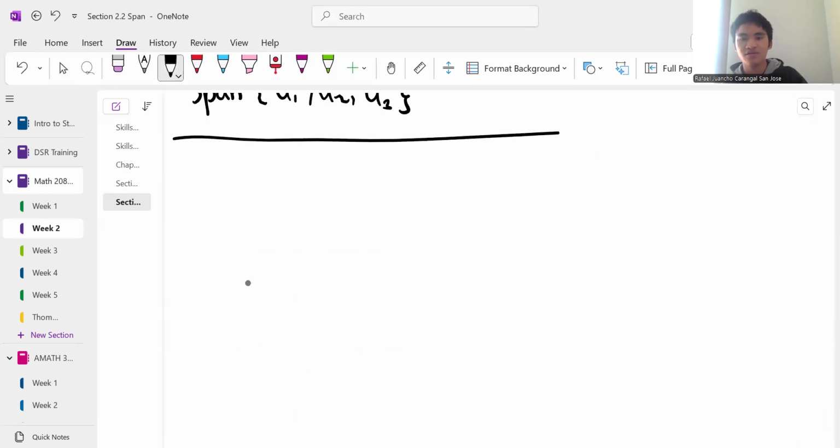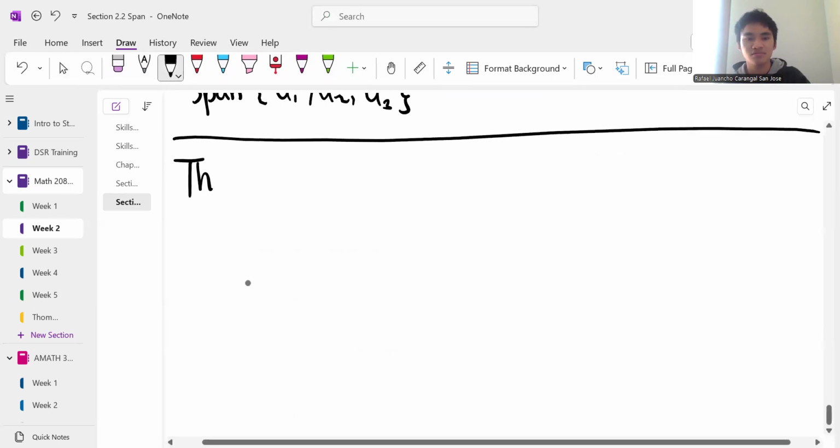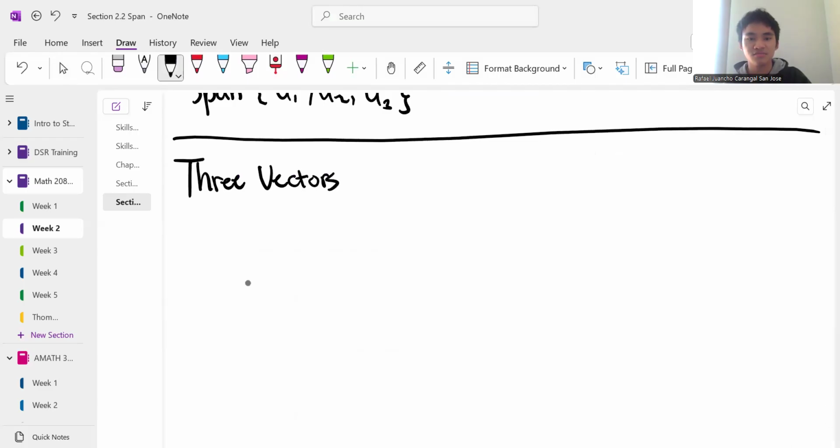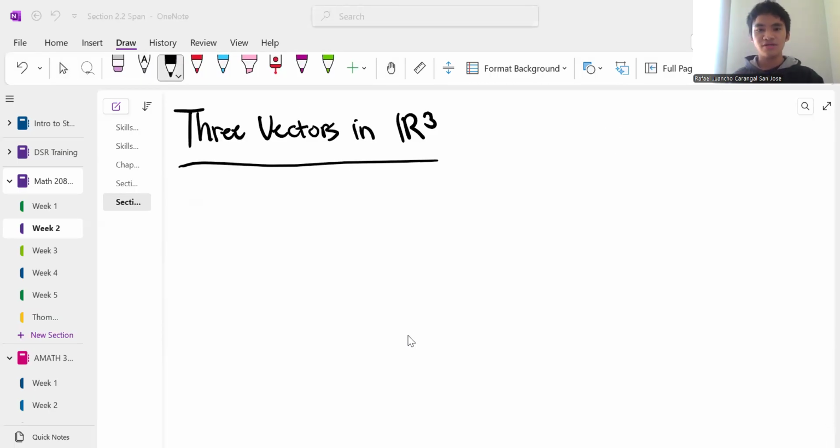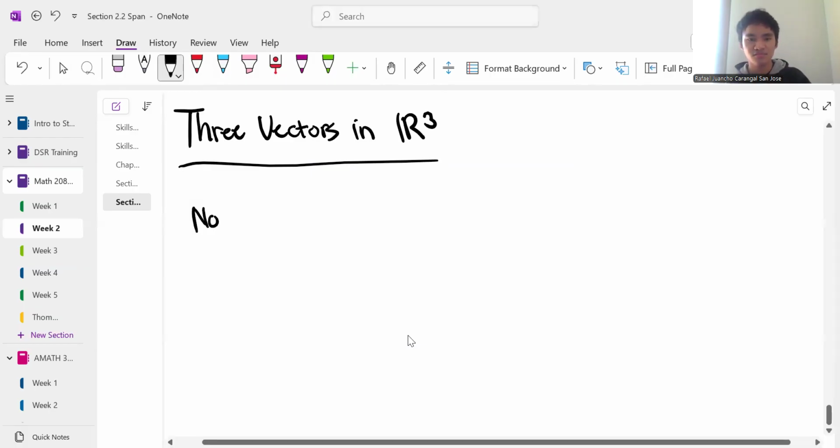Okay, let's talk about three vectors in R3. So later in the section, we will show that no two vectors can span all of R3, but three vectors can. So let's just put that out there.